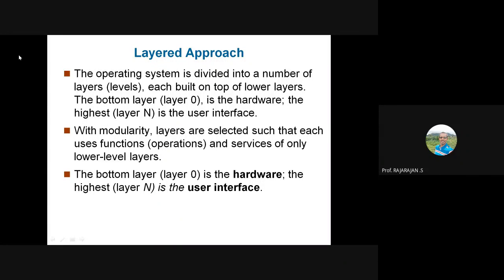Here the operating system is subdivided into a number of layers. Another advantage is that when a layer needs to be updated or modified, it need not require the entire OS to be updated. You don't need to recompile and replace the entire OS. You just have to modify the particular layer which needs to be modified.